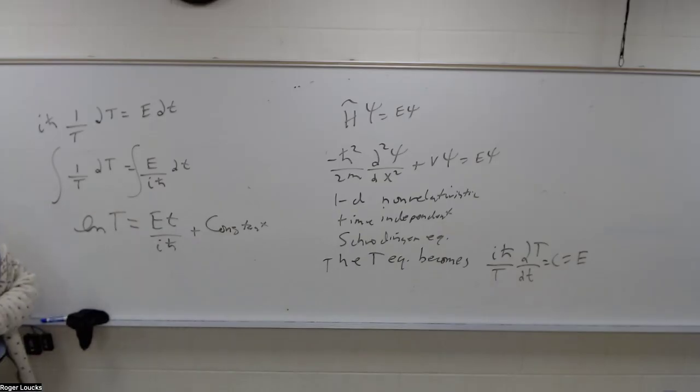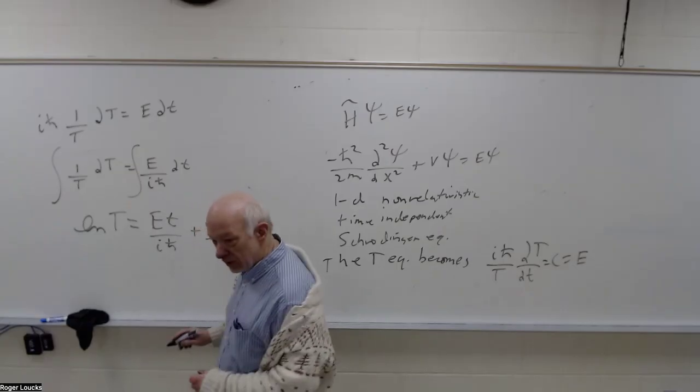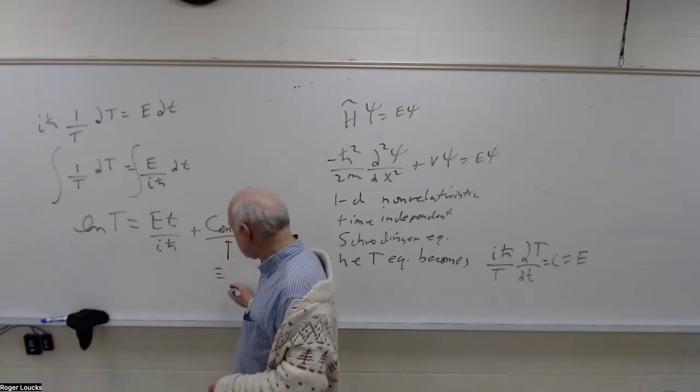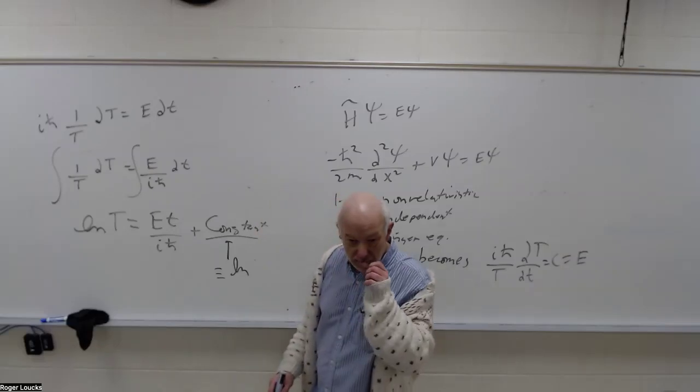Okay, here's a nice trick. I can write a constant in terms of another constant. In fact, what I'm going to do is say that this is by definition the log of another constant. What should I call it?